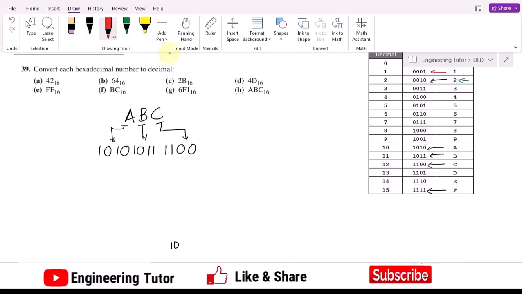Now multiplying them with the weights, this is the binary equivalent of the hexadecimal number, and from this binary we have to find the decimal equivalent.